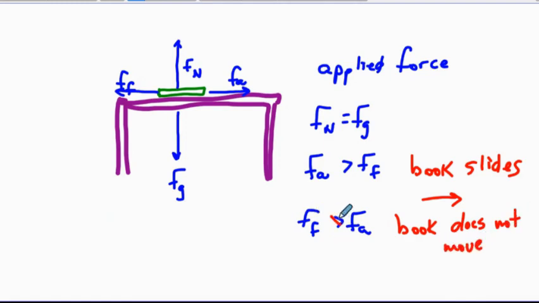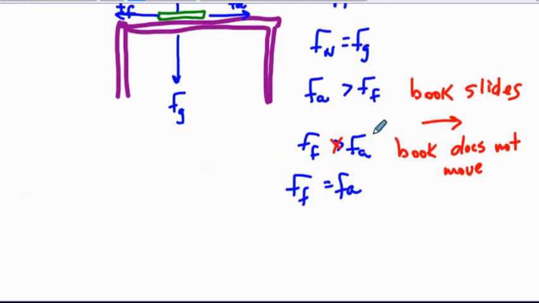Because this really doesn't happen. Okay? But if the force of friction equals the force applied, the book does not move either. This, once again, is a free body diagram representing the pulling of the book. What we need to look at is what is referred to as our net force.